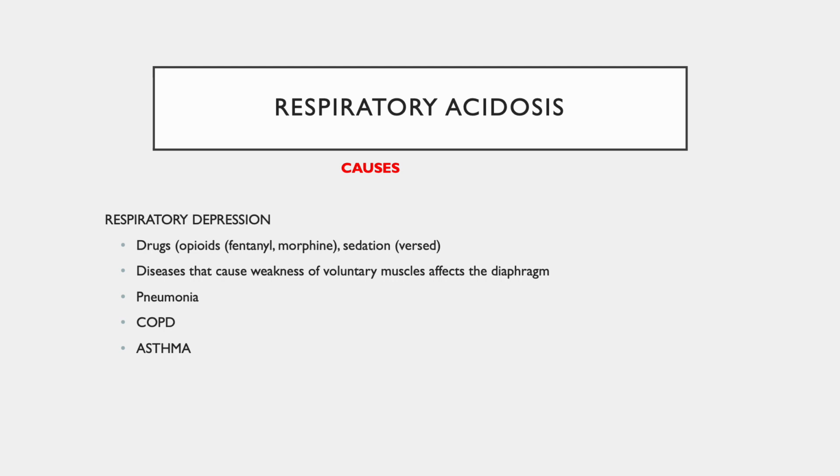So, what are some things that can cause respiratory acidosis? Medications such as our opioids, such as fentanyl, morphine, any type of sedative, like Versed, any type of medication that causes drowsiness, that can cause respiratory depression. Also diseases that cause weakness of voluntary muscles that affect the diaphragm, such as myasthenia gravis, Guillain-Barré syndrome, any type of neuromuscular disease.